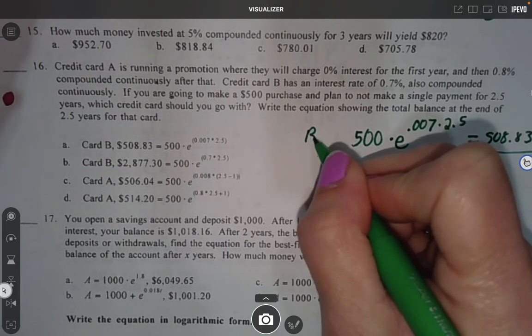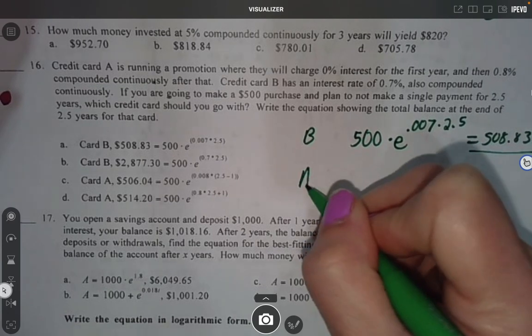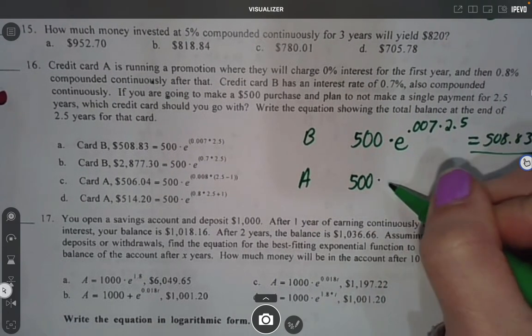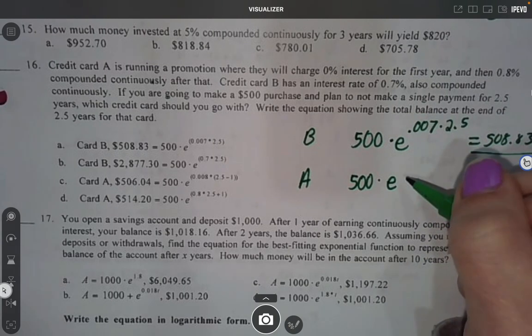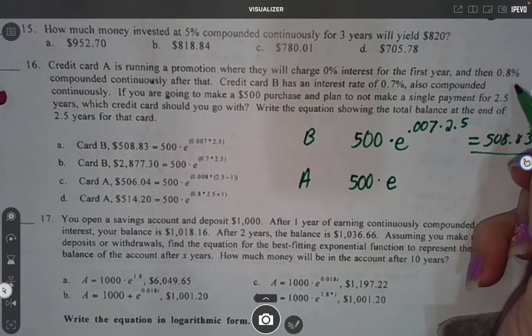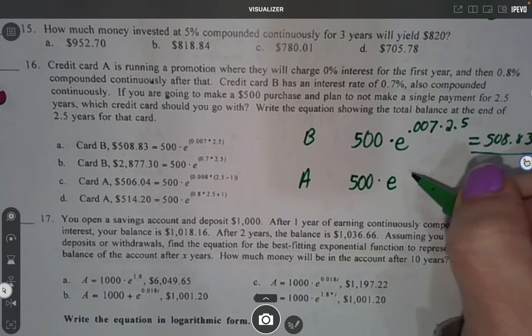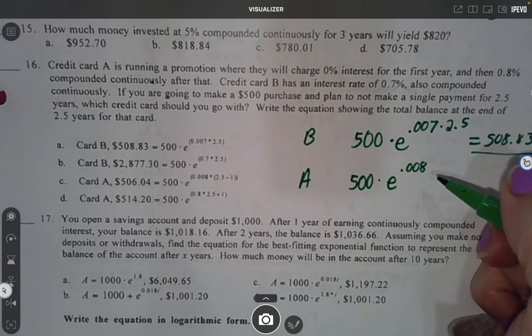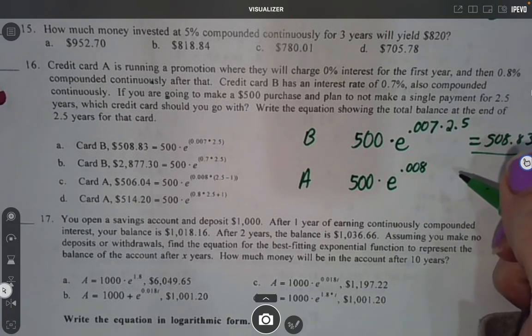Now, card A is a little bit different. For card A, we also start with 500 times e to the, and what's our interest on this one? 0.008. But this is the tricky part. We would like to plug in 2.5. However, what happens to the first year?